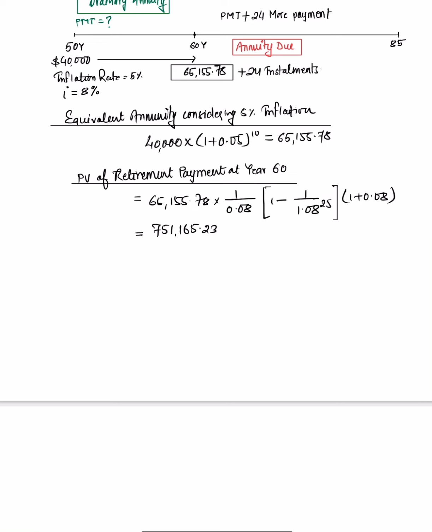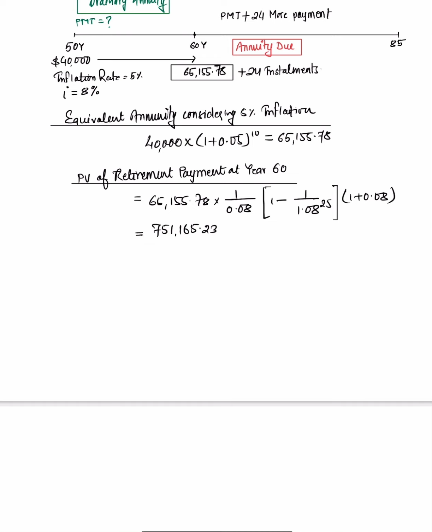So if you have this amount accumulated by that time, afterwards every year you can withdraw 65,155.78, for 25 installments as such, starting at the beginning of each year. But we're not interested in this figure. We need to find out how much you need to deposit every year, 10 years forward, to get to this amount, right?